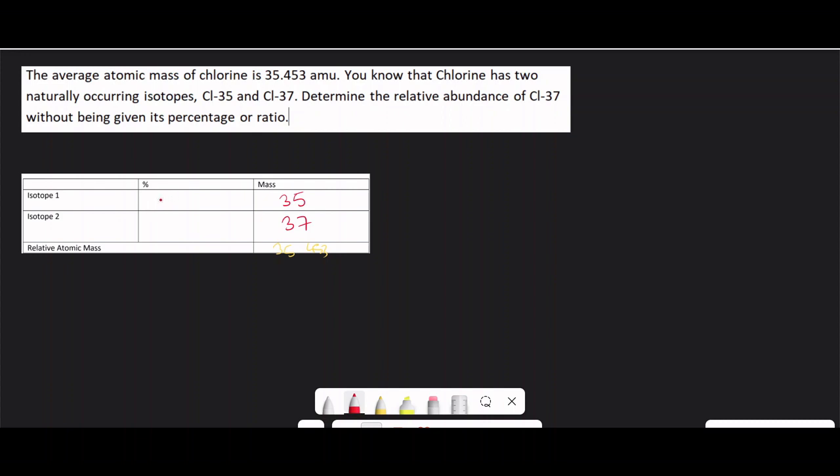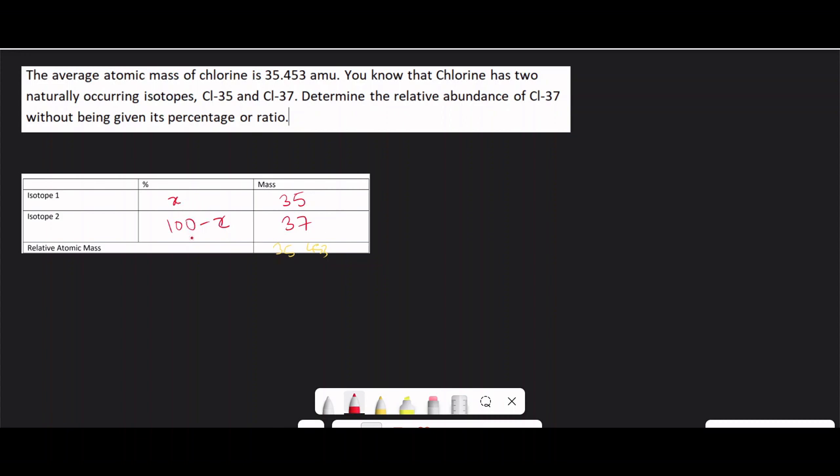We know that if we add whatever percentage we get here and whatever percentage we get here, it's going to be 100. So if we call this x, this one should be 100 minus x. For example, if this is 50, this should be 50. If this is 70, this should be 30.